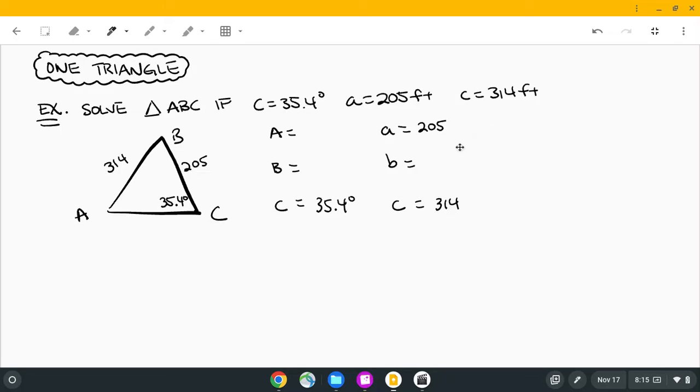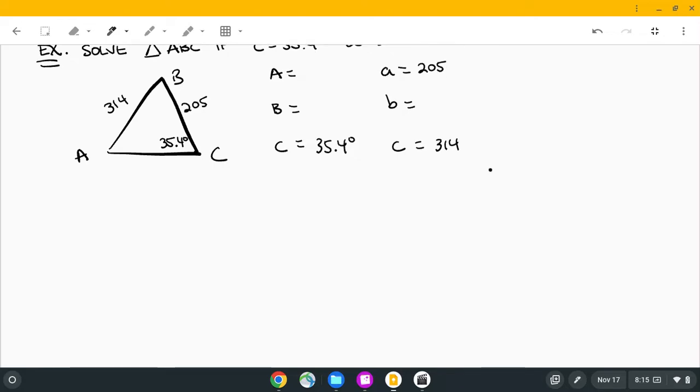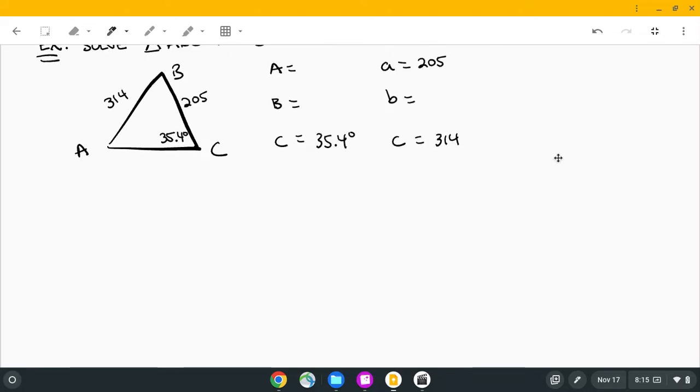Okay, so again, the only places where you would have two different values are the ones that are missing. That's if you have a second triangle. These are always going to be constant because they are given.